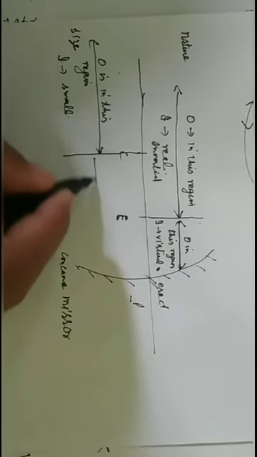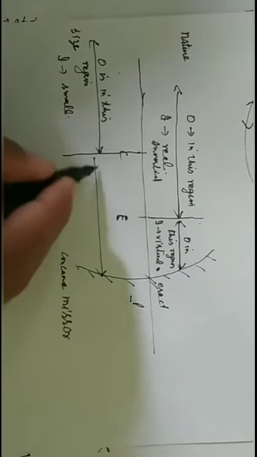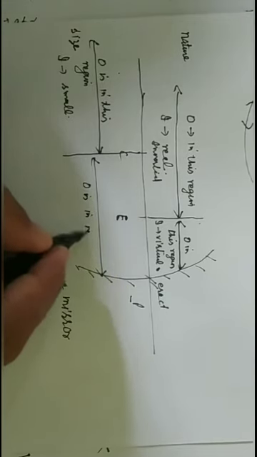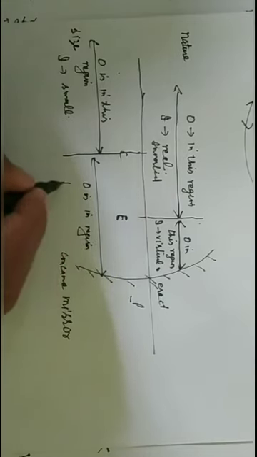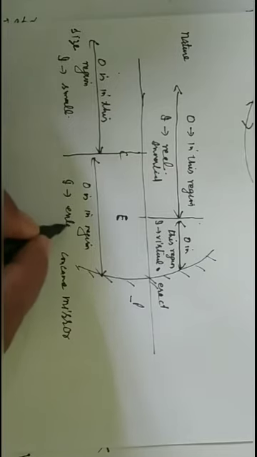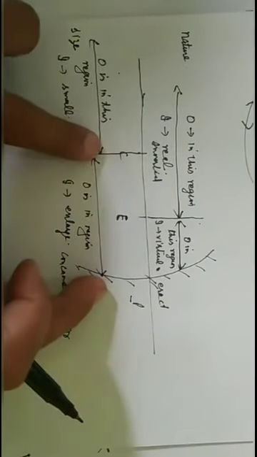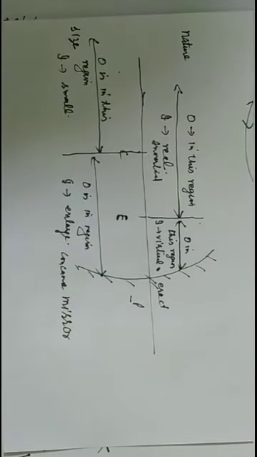If your object is from C to P anywhere, in this region, then the image will always be enlarged. It is having a large size. Anywhere you place your object in this region, the image is enlarged.